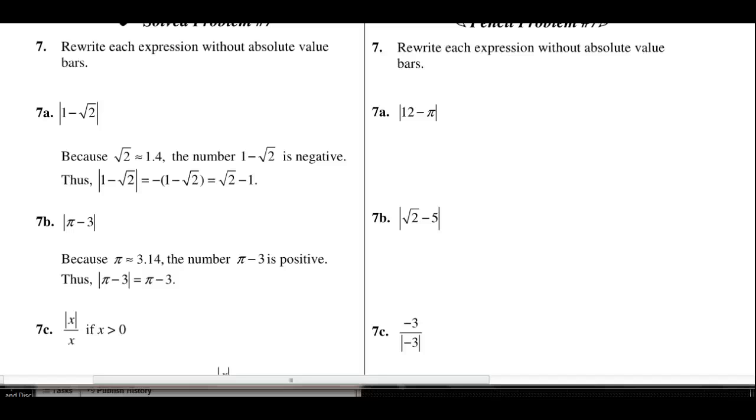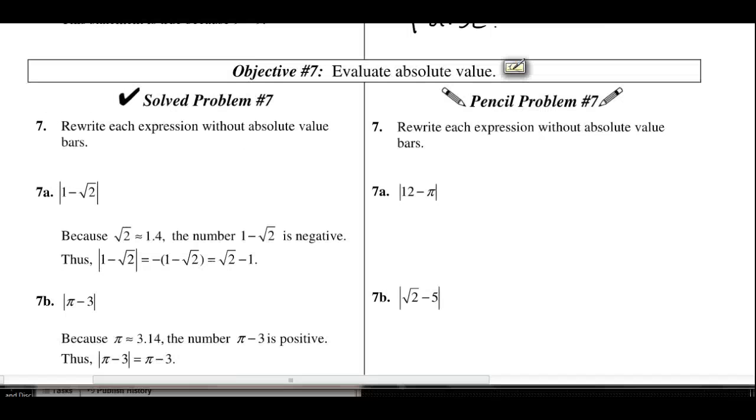Okay, let's continue on this next pencil problem. So they want us to rewrite each expression without absolute value bars. So what that means is we want to evaluate or figure out what the number is. So absolute value just means the distance from 0 on the number line, or basically you can evaluate inside like it's parentheses and just change the sign to the positive value.